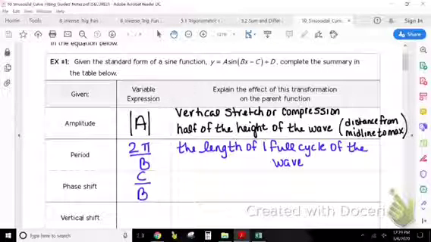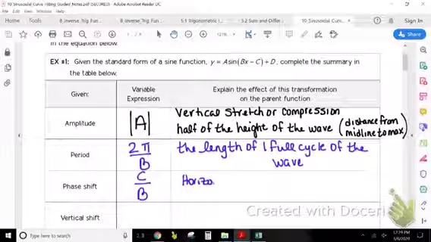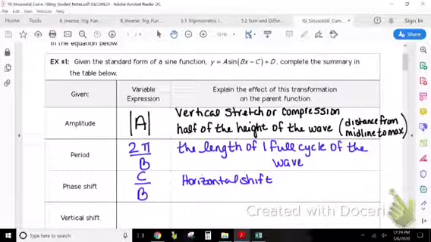All right. And so what is the phase shift? So it's a horizontal shift. Good.